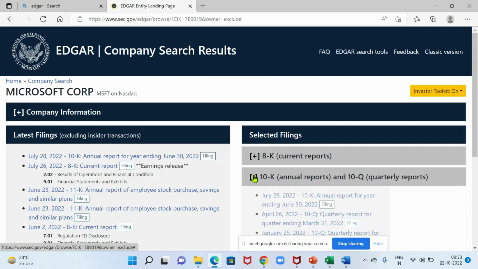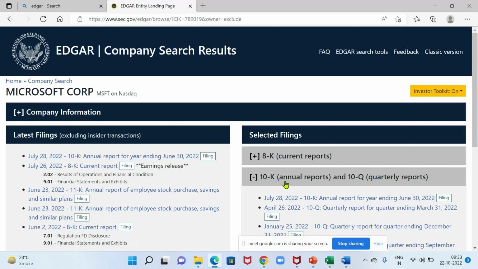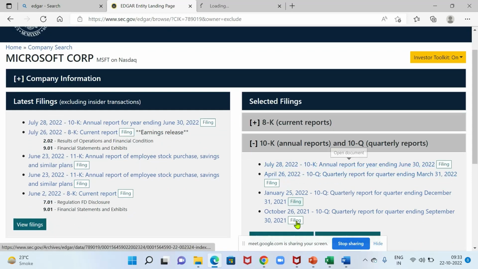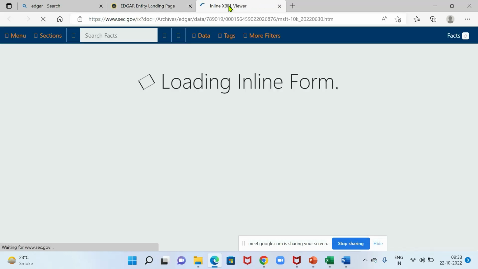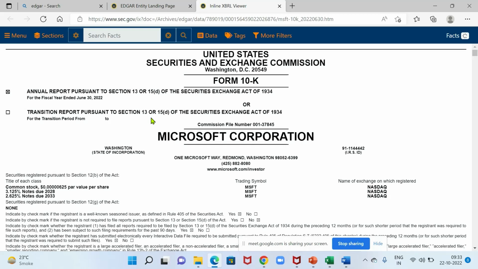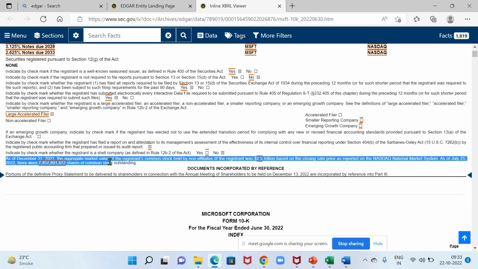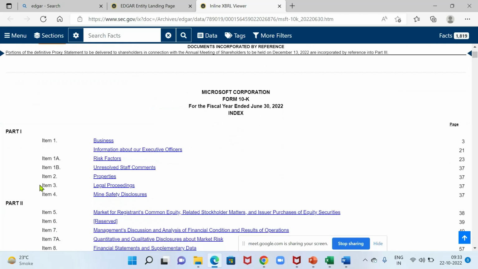The 10K is the annual report. Let's see which is the fiscal year for MSFT. See, on the first page, the number of shares outstanding is given as of July 24.